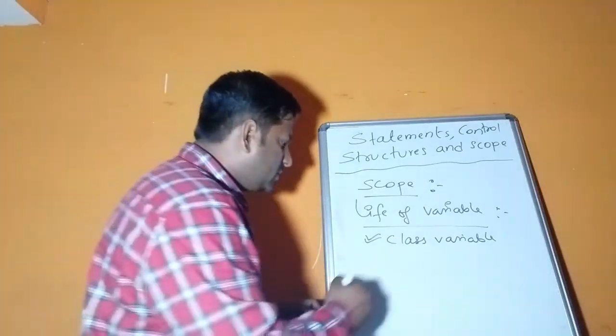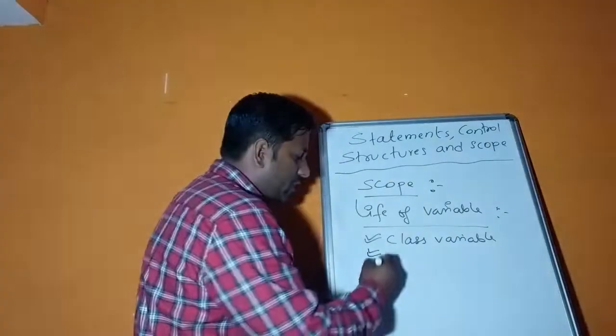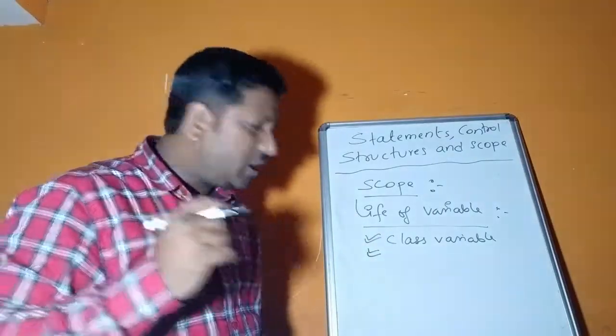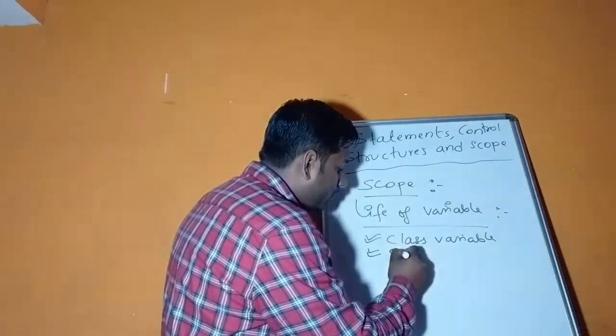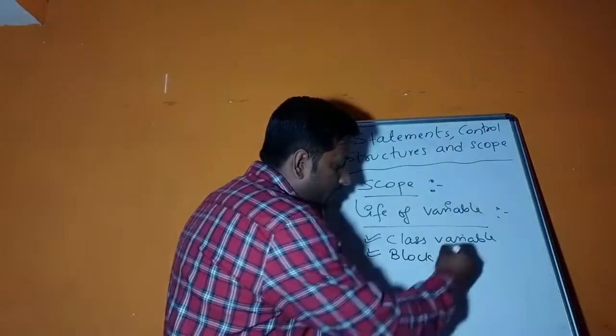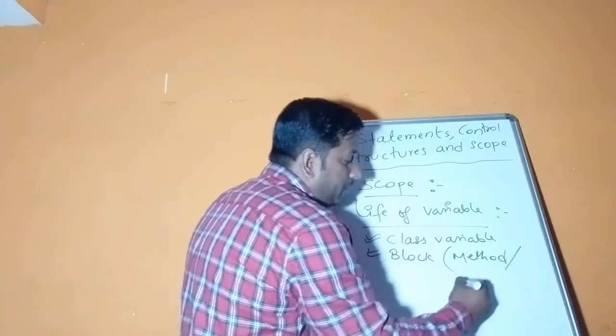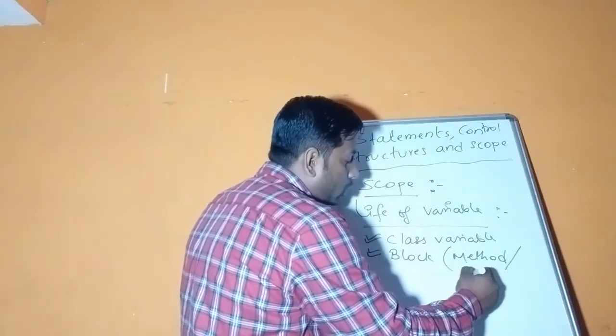But there are some variables which are declared inside methods, so they are limited to a particular block. That can be a method, or a control structure.